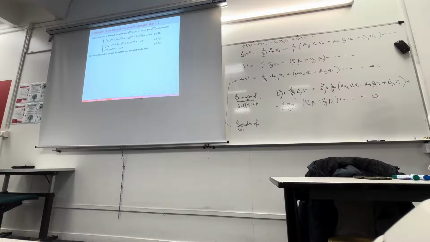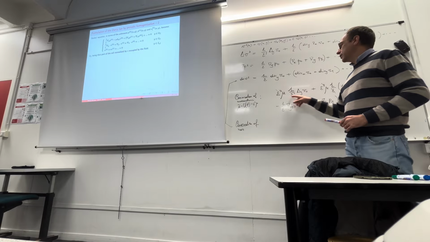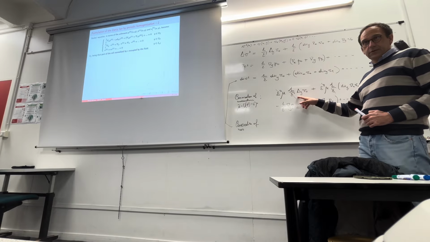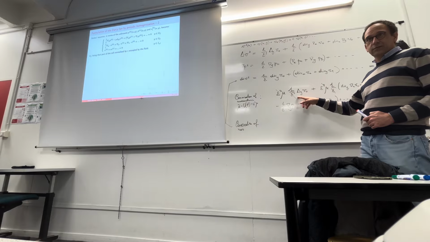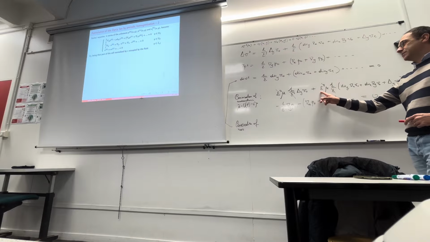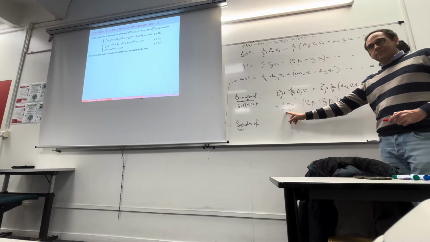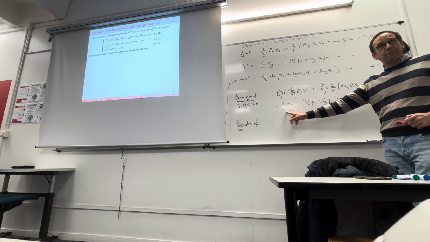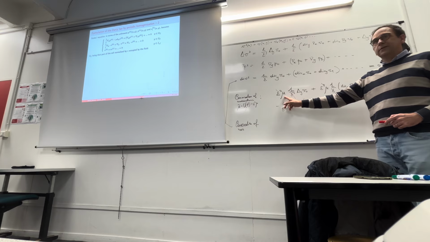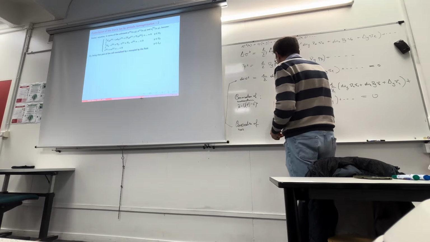The highest term with respect to epsilon is what? This one is of order epsilon to the power 0. But there is something else which is stronger. This is of order 1 by epsilon, so this is stronger than that when epsilon tends to 0. So this is the strongest term.